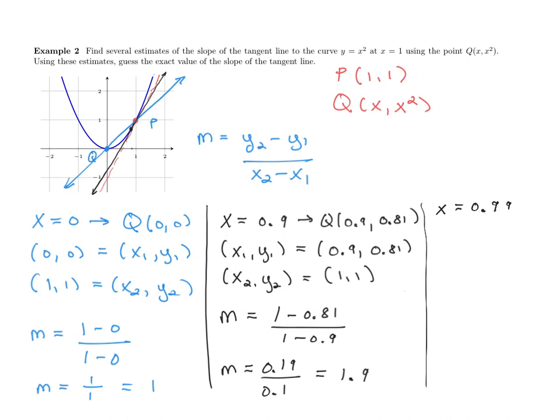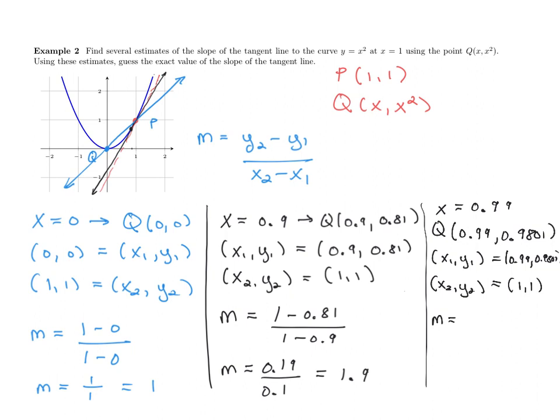We're going to run out of room a little bit, but here I have Q is going to be the point 0.99, and if I square that, I get 0.9801. I'll let (x1, y1) be this point, that is, (0.99, 0.9801), and I'll let (x2, y2) again be (1, 1).